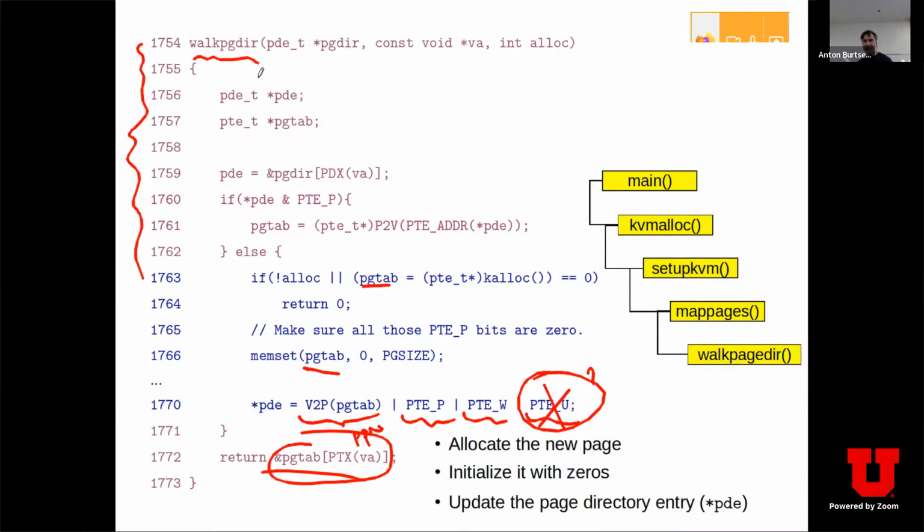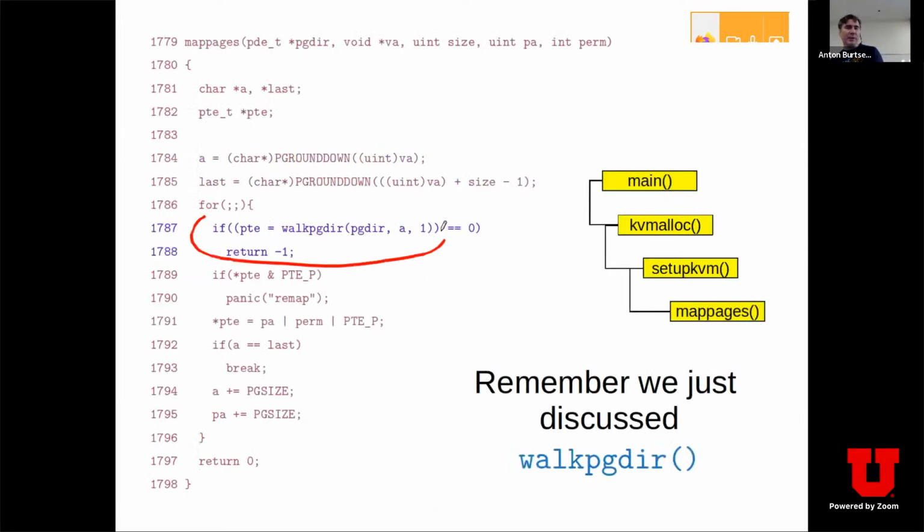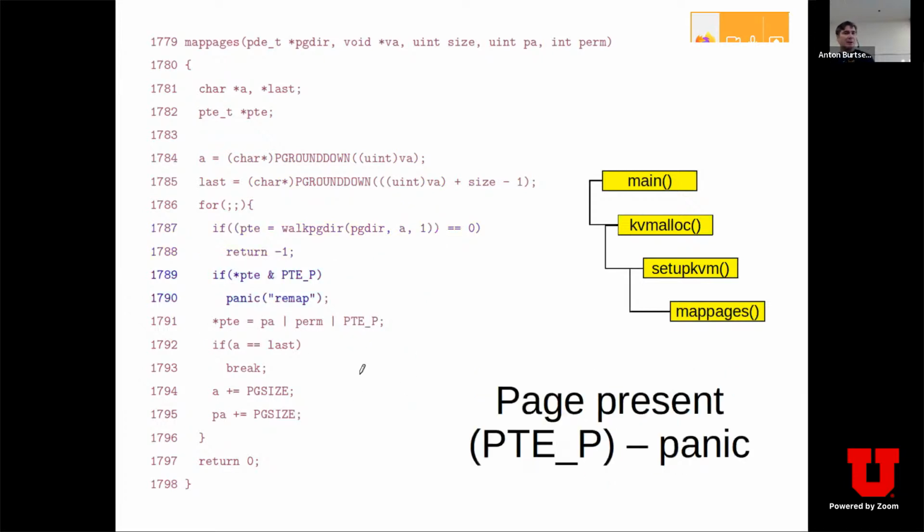Okay, good. So we have this helper function walk page directory. Let's go back to this map pages function, right? This is where we invoke walk page directory. And we already believed upfront that if we have this function, then everything else is fine. We just update the page entry with the physical address of the page, permissions, and a present bit, right?